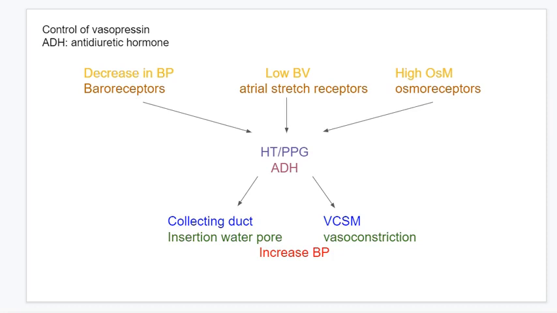and really thinking about the systemic response of vasopressin can be figured out by just looking at the terms for this hormone. So for example, a quick way that I remember is by looking at ADH, so antidiuretic hormone.